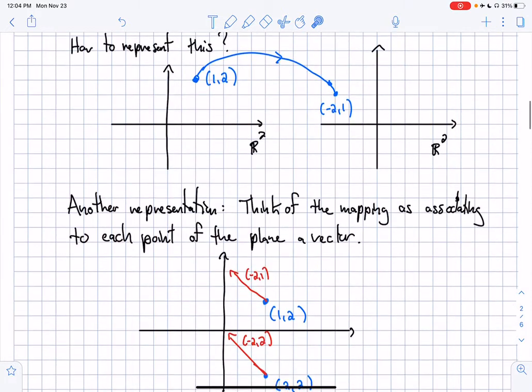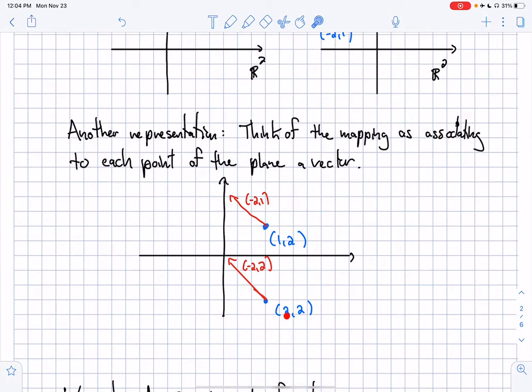So at the point (1, 2), the output is (-2, 1), so I put the vector (-2, 1) sticking out from that point. And let's say I look at the point (2, 2) as input, then the output is (-2, 2), and I put a vector sticking out there. That's why it's called a vector field. At every point in R2, I get a vector, so it's a field of vectors.